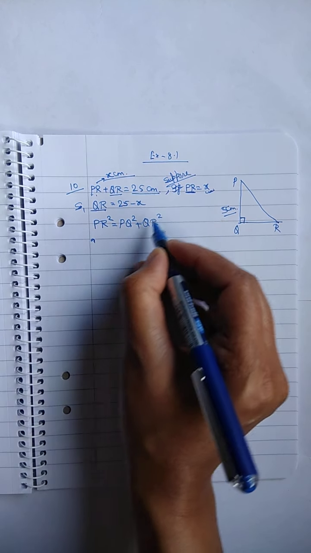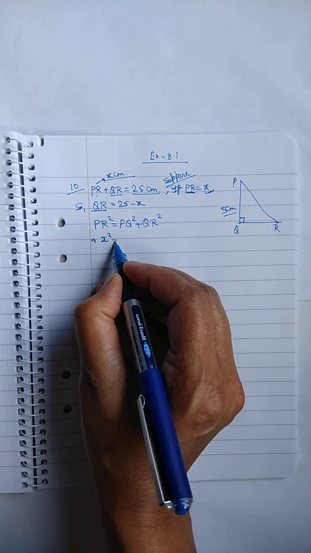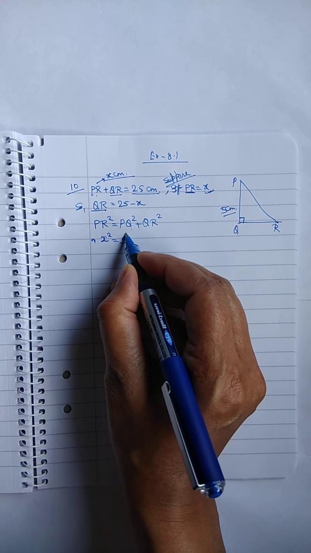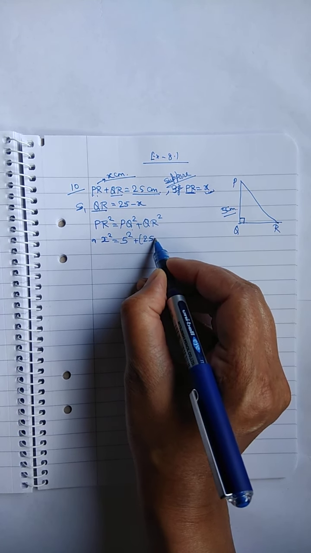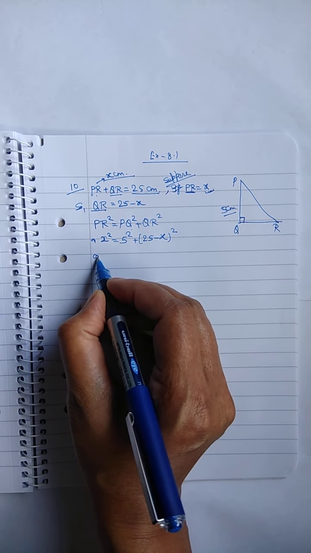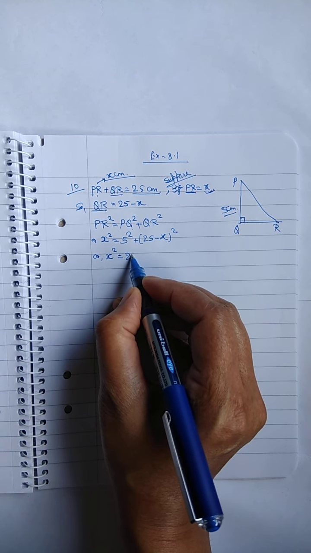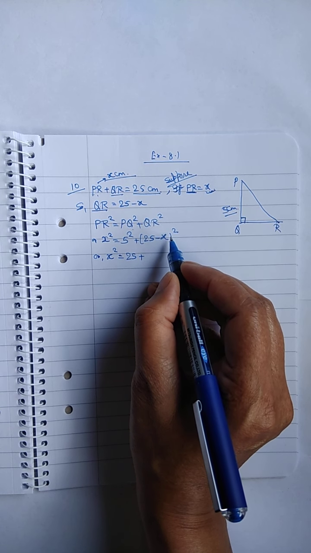Now, what is PR? PR is x. So x square equals to PQ square, PQ is 5 square, plus QR square, QR is 25 minus x whole square. Now to simplify this, x square equals to 5 square is 25 plus, this is a minus b whole square.